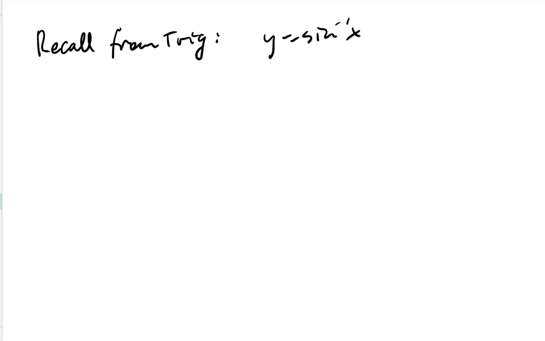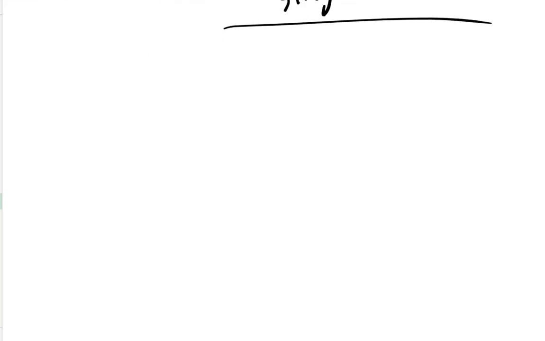So recall from trig, that if you have y equals inverse sine of x, this means that sine of y is equal to x. This is what the book has, but let me show you a little something else.